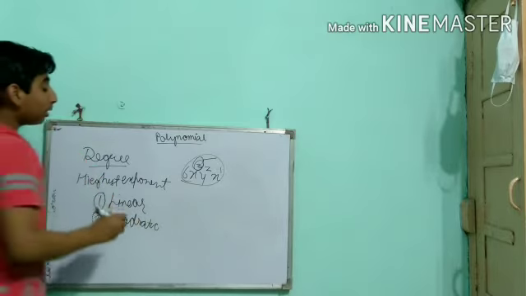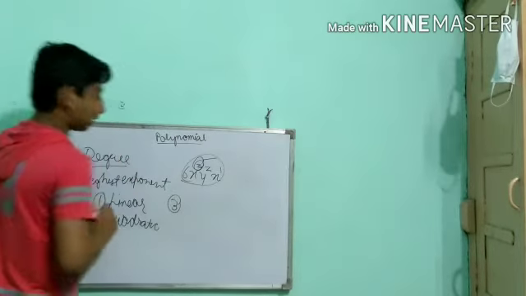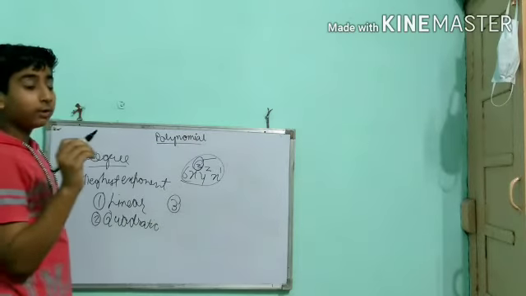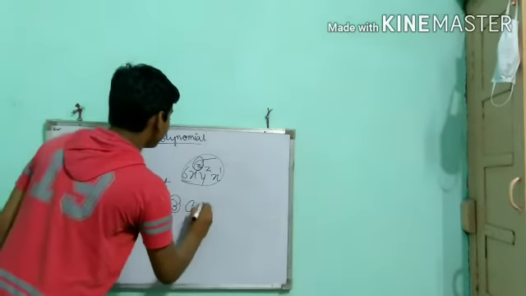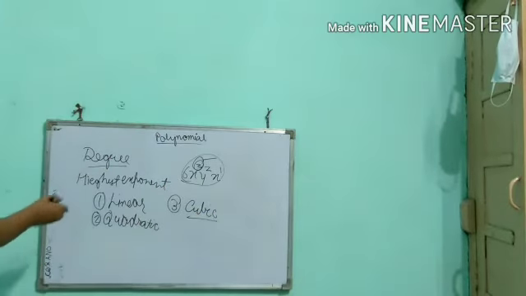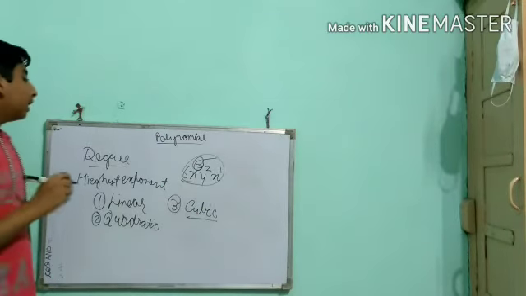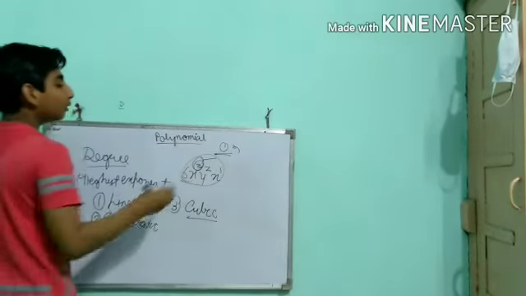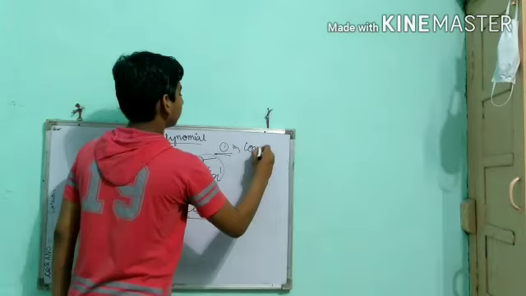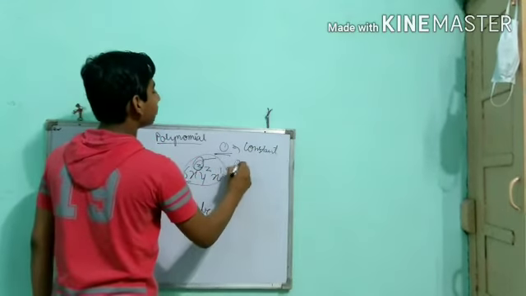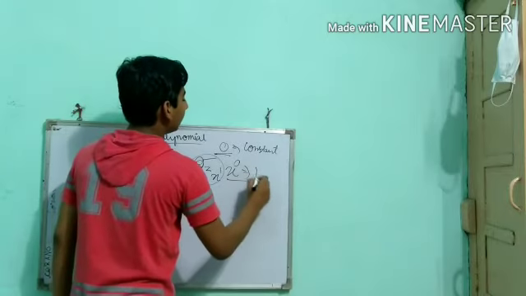And if 3 is the highest power or degree of any polynomial, it would be said to be a cubic polynomial, cubic degree. And we didn't take 0 yet. If 0 is the highest power in any polynomial, it would be constant, because we know that any number raised to power 0 is equal to 1, and 1 is a constant.